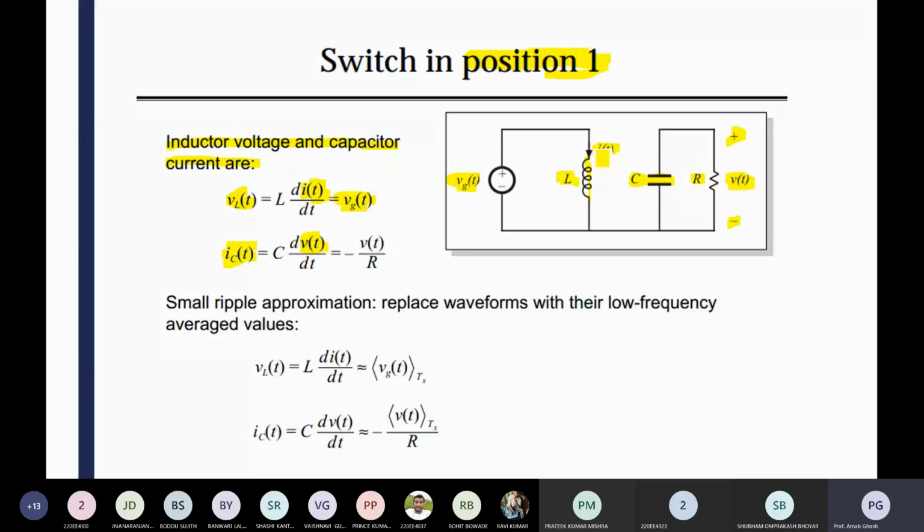They keep changing, and you have to fetch the values of inductor current and capacitor voltage for every instant of time.